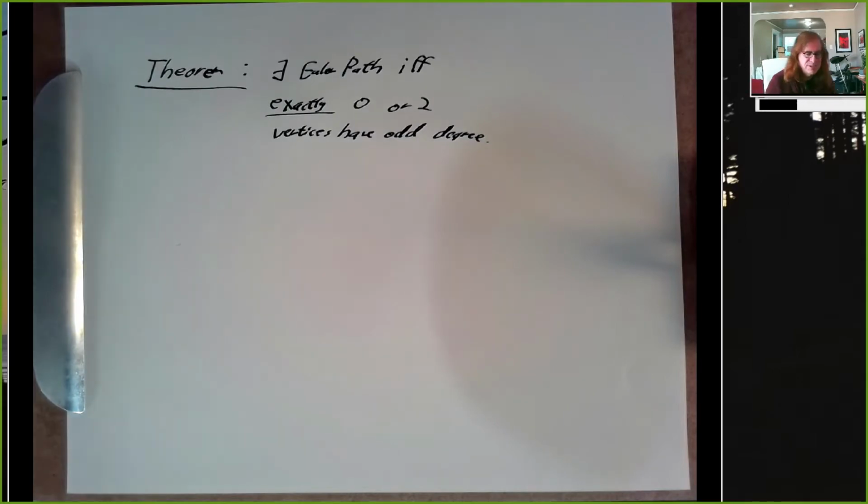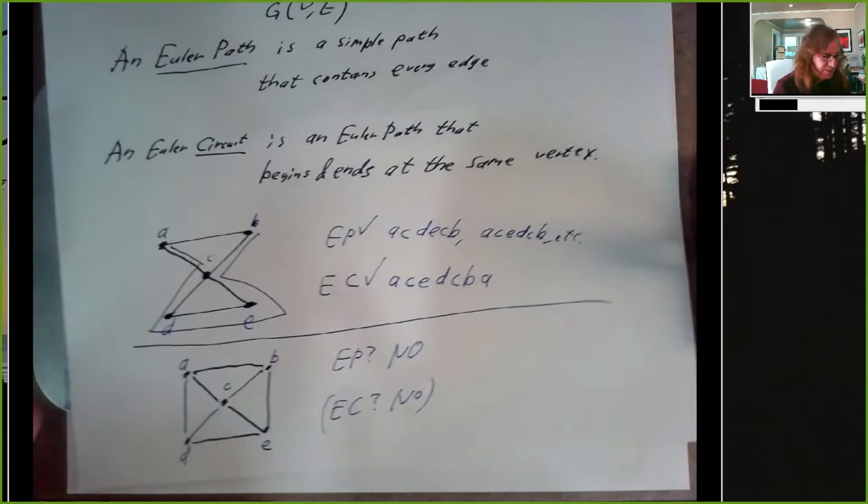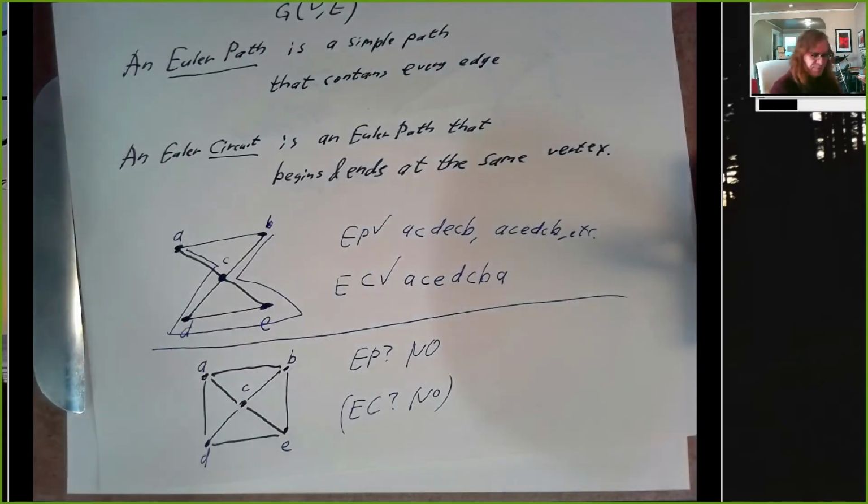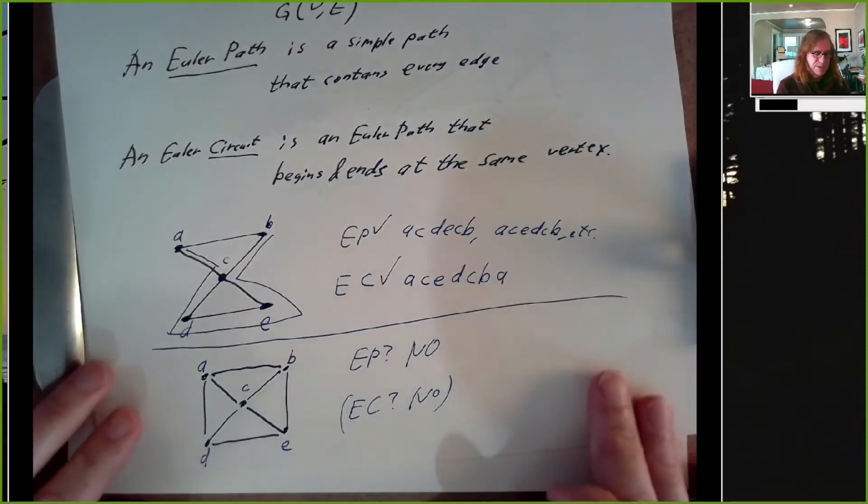So this is the magic to knowing if there's an Euler path. Count the degree of each vertex. If you have 0 or 2 vertices with odd degree, you're good to go.